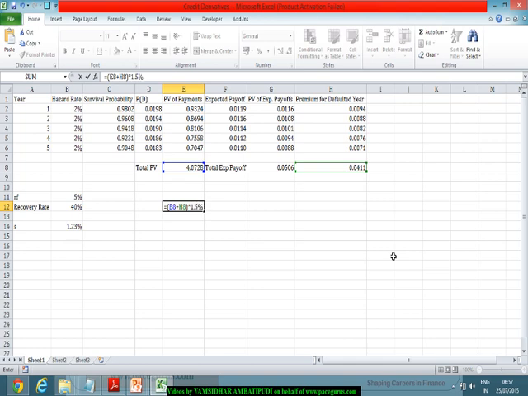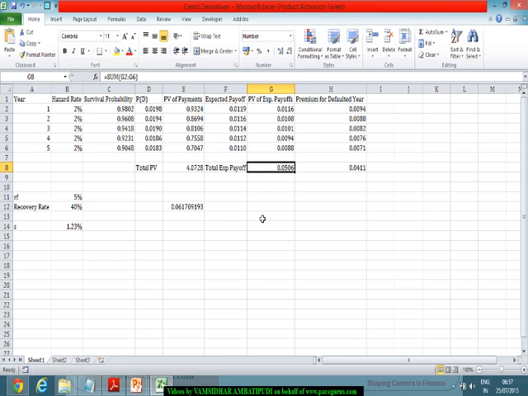So this much is the CDS payment that the CDS buyer is making, whereas the payoff that he is getting is only this much. Which means he is paying more, right? The CDS buyer is actually paying more than the protection that he is getting.